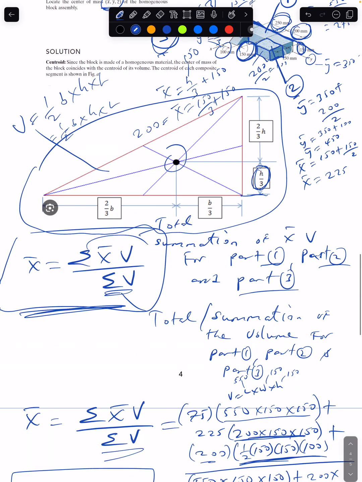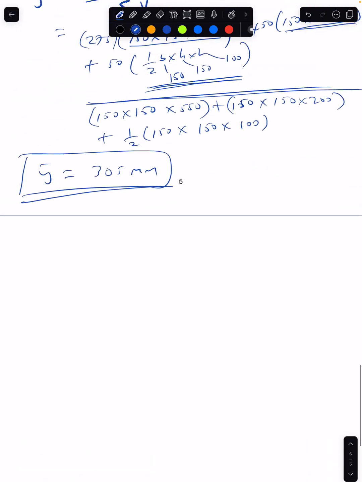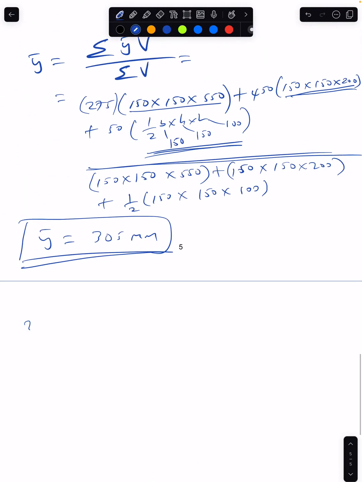And technically, we move now to z bar. I have the same formula: the sum of z bar times the volume over the sum of the volume.